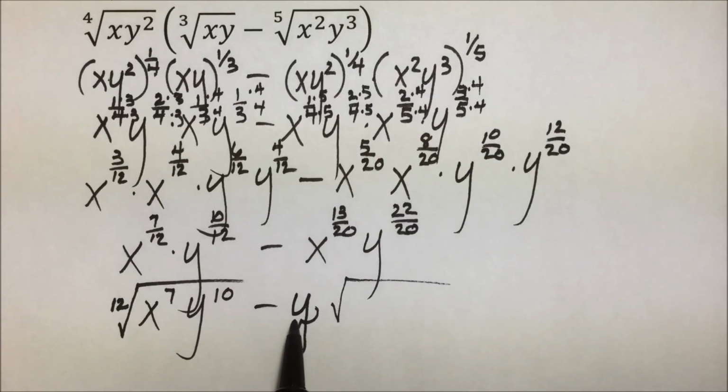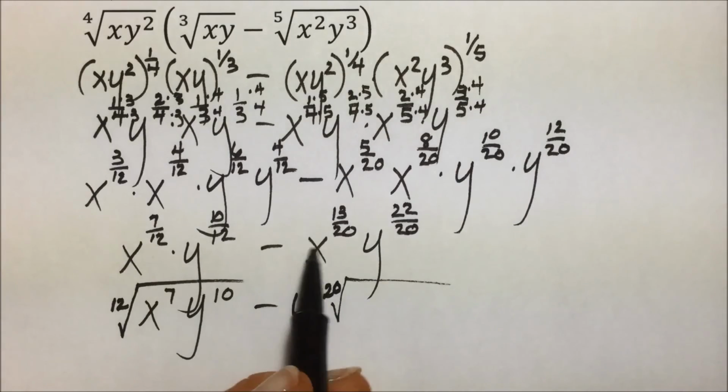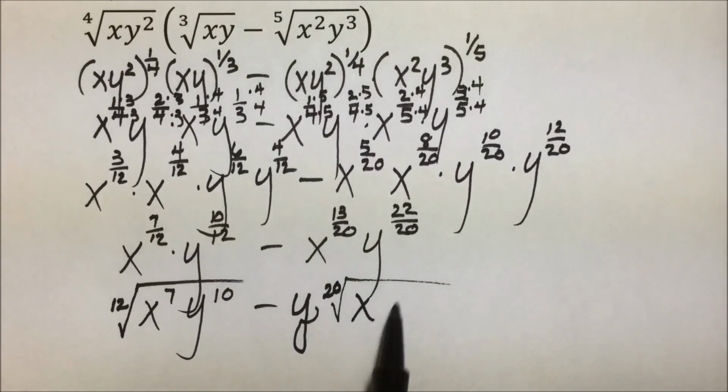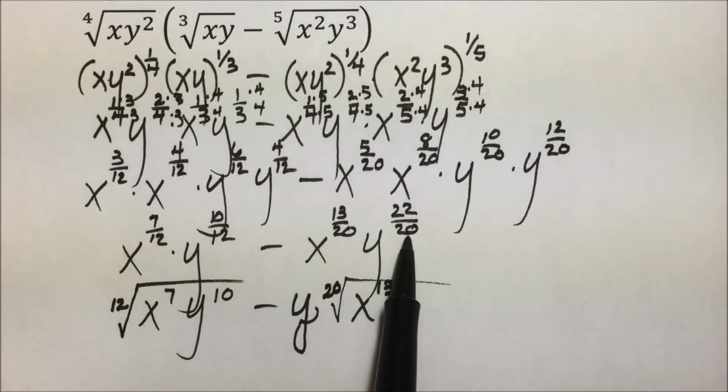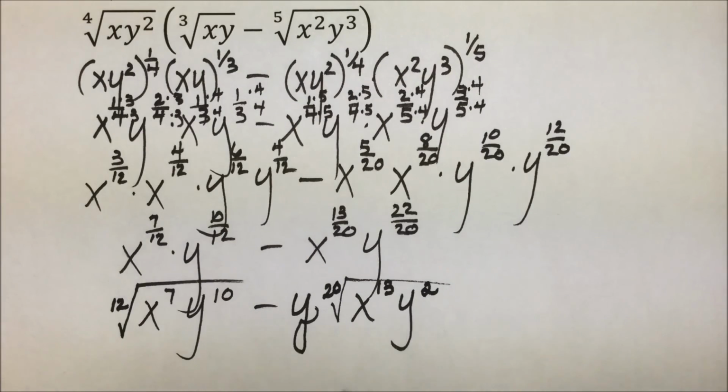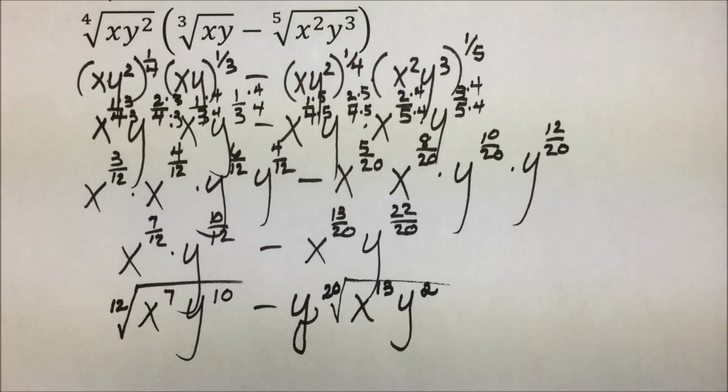So we will have y times the radical, with the index from the denominator of our exponents, x to the 13th power, y to the, and again, 22 divided by 20 is 1 with 2 left over, so it would be y to the 2nd power is our simplification.